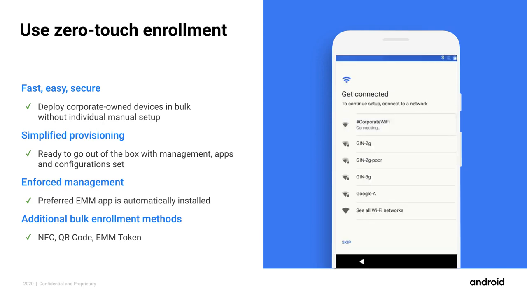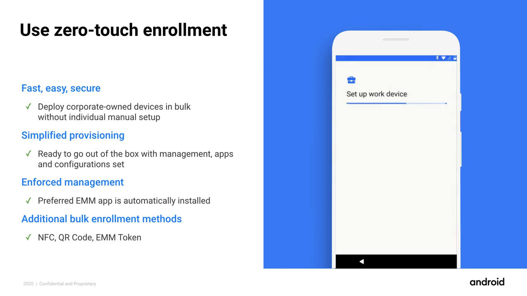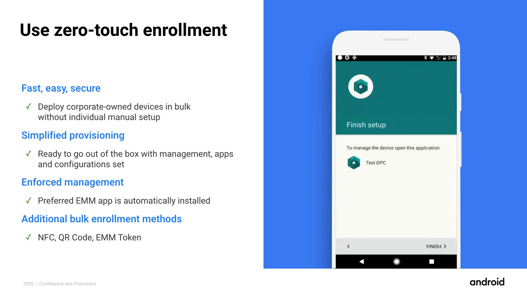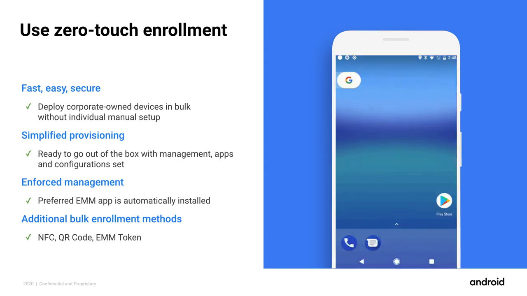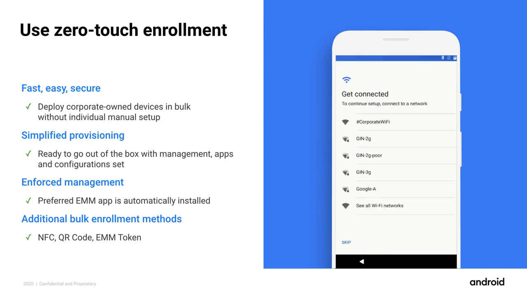This provides administrators a fast, easy, and secure method of deploying corporate devices. The best thing here is that it's enforced, which means you can drop ship a device directly from the purchasing agent, which would be the carrier or wherever you purchase your devices from, directly to the users.